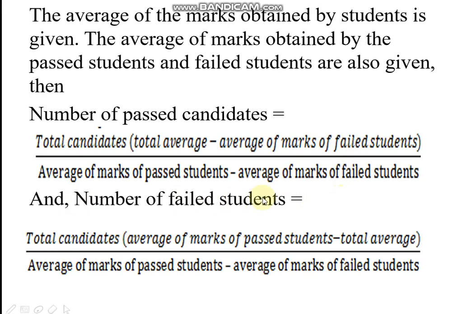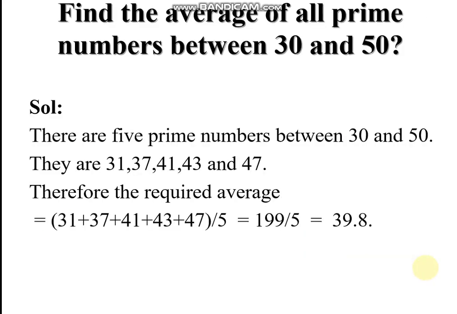If the number of failed students only we need to find, take this formula: total candidates into (average of marks of passed students minus total average) divided by (average of marks of passed students minus average of marks of failed students). This formula we can use and simply we find the solution.